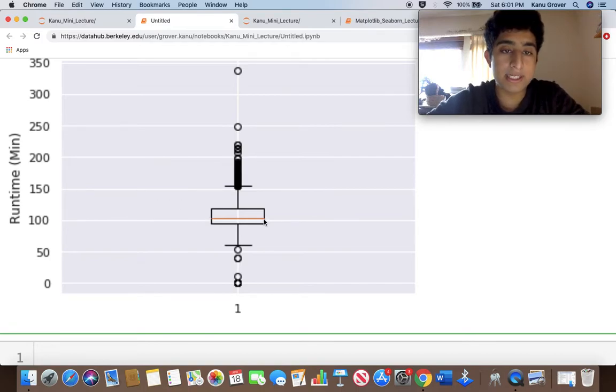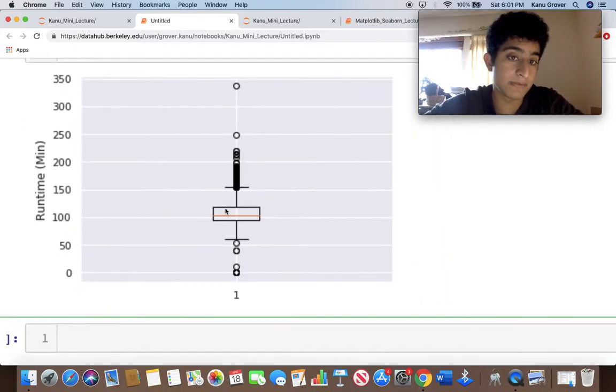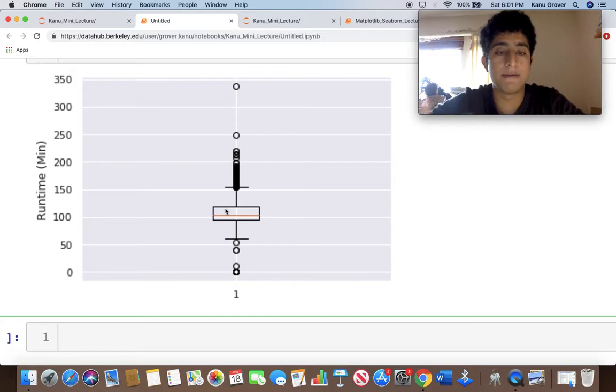The orange line is contained within this little bit larger rectangle. And this rectangle describes the interquartile range of our data, which is basically the middle 50% of our data. So for this to be the middle 50% of our data, the two ends of this rectangle have to be the 25th percentile and the 75th percentile respectively, because 75 minus 25 is 50.